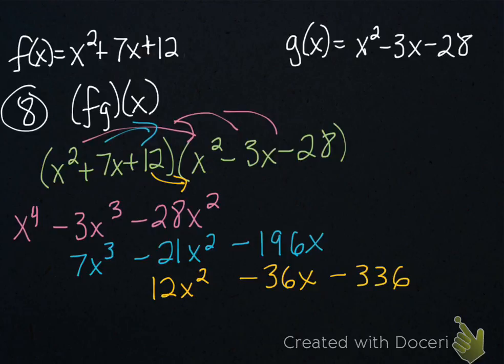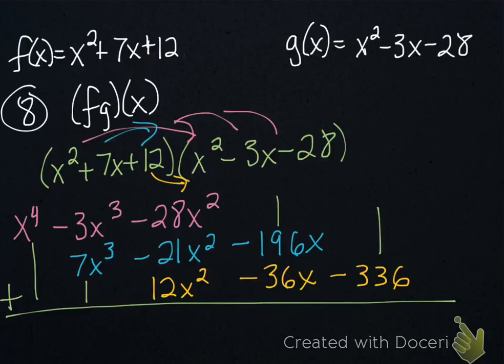Now notice I like to stack mine in columns so that I can just add down the column. Okay, so the x to the 4th, there's only one term. X cubed, I have 7 minus 3, so it's going to be plus 4x cubed.